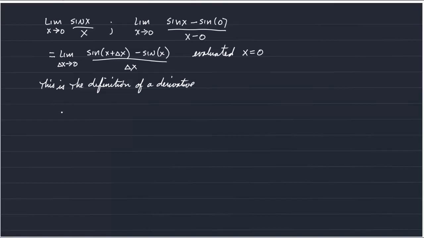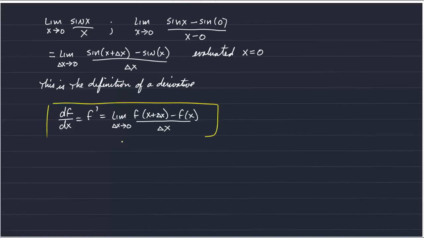That is, the derivative of a function, which we can write as df dx, or just f prime, is equal to the limit as a change in x goes to 0 of f evaluated at x plus delta x minus f evaluated directly at point x all over delta x. And this is the definition of a derivative.